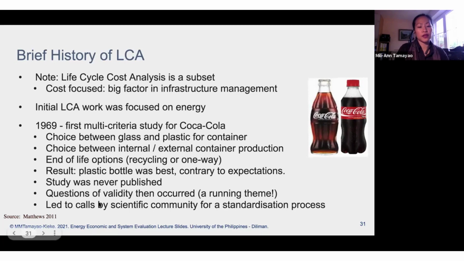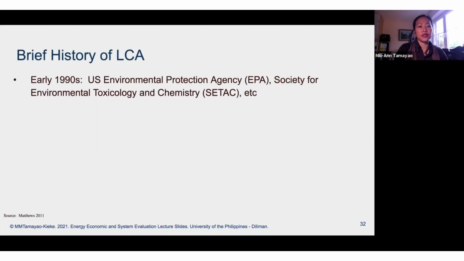So because of this, there was a call by the scientific community for a standardization of the process for performing such kinds of studies. And therefore, in early 1990s, the U.S. Environmental Protection Agency, Society for Environmental Toxicology and Chemistry, etc., they tried to come up with a consensus with respect to the standard process by which one should conduct LCA that is acceptable to the scientific community.